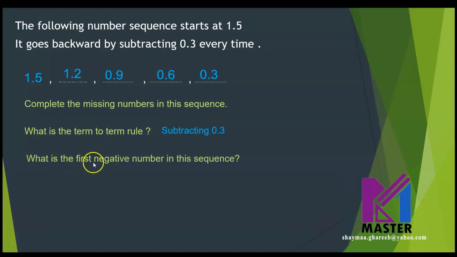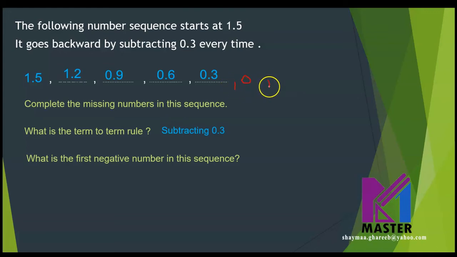What is the first negative number in this sequence? If we keep subtracting 0.3 every time, let's see what we will get. What is the next term after the 0.3 here? When you subtract 0.3, it will give you 0. So this will be the next term.